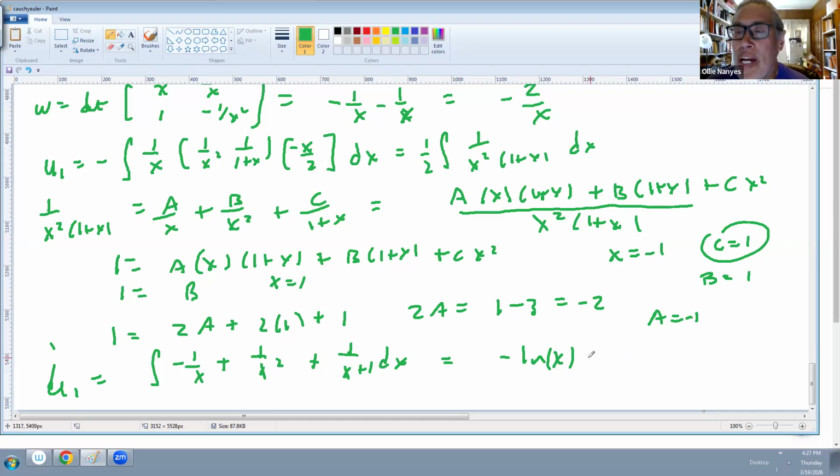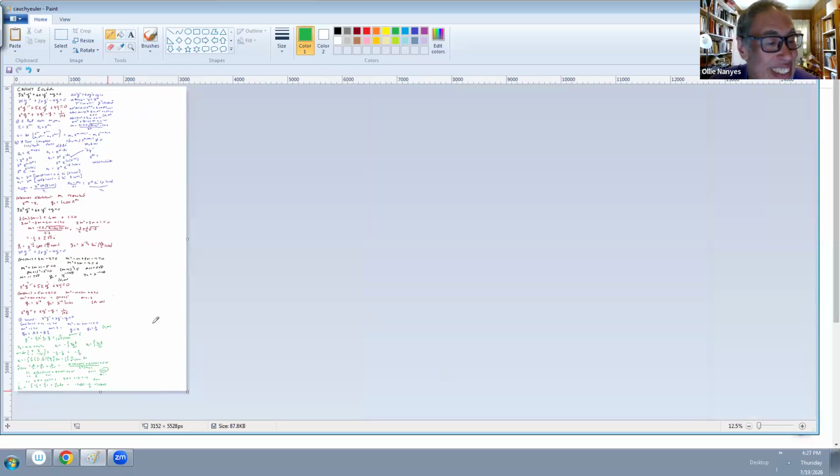Then x to the minus 2, add that, so it's -1 over x. Take that derivative, yep, that works. And then plus log of absolute x plus 1. We don't need the c here. So that's our u1 right here.